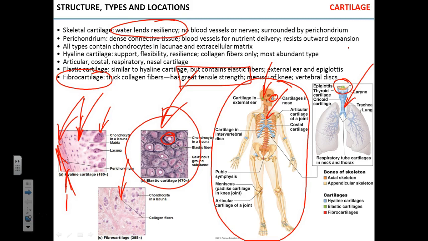Menisci are fibrocartilage. That explains too how people can lift enormous weights without crushing the knee joints. And the third place where you can find fibrocartilage is the pubic symphysis.